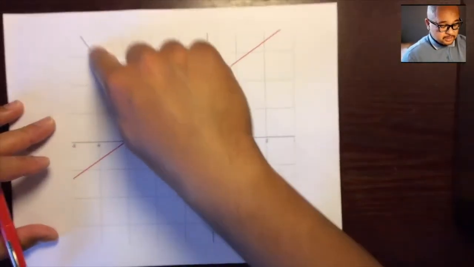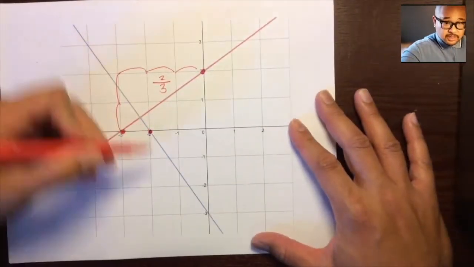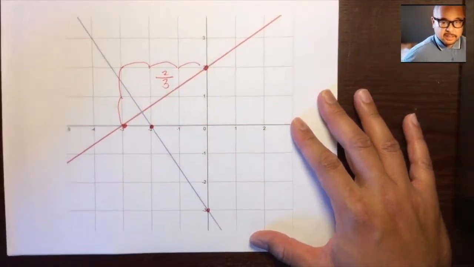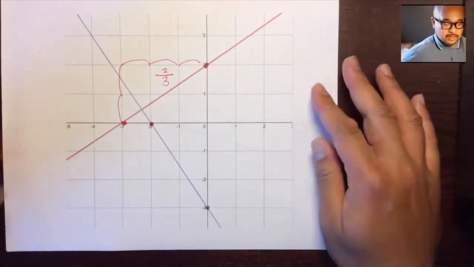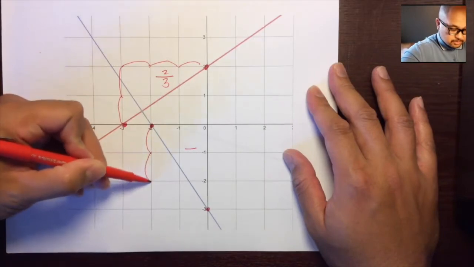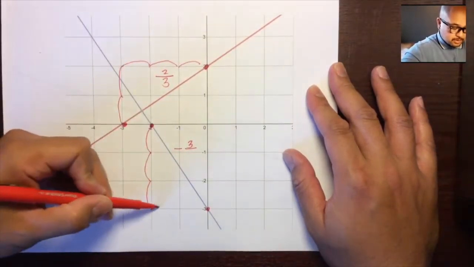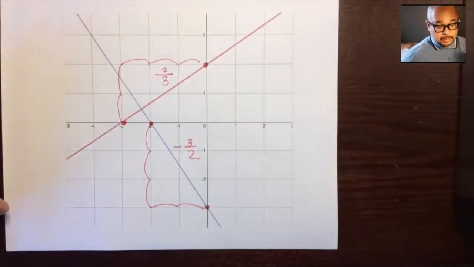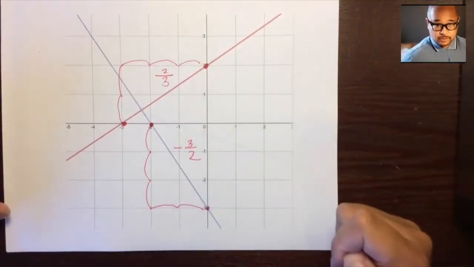Okay, and then the slope for this one, I'm going to start here, and then it looks like the line intersects this point right here. It already looks like this line is negative because it's falling down, or it's going downhill. So I'm going to put a negative, and then it goes down 1, 2, 3. So -3, and then it runs 1, 2. Okay, so the slopes for these two perpendicular lines, 2/3 and -3/2.